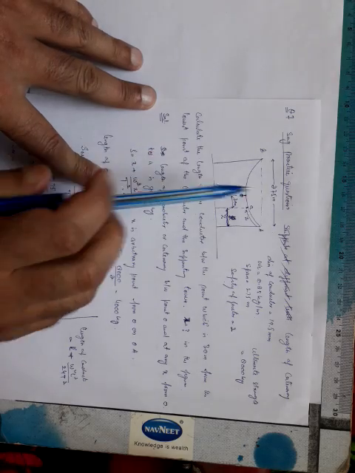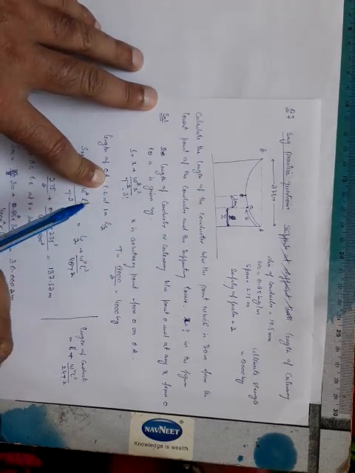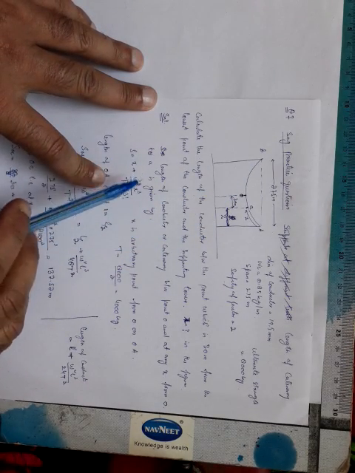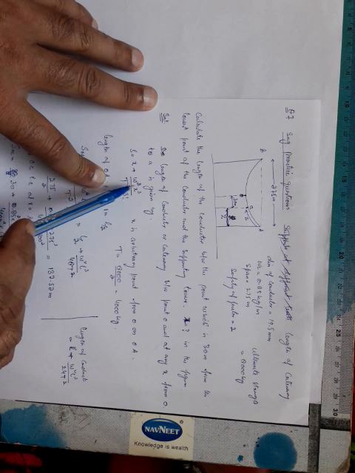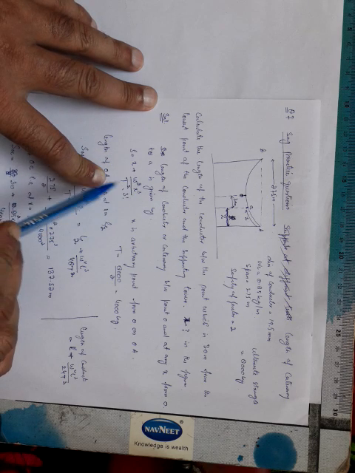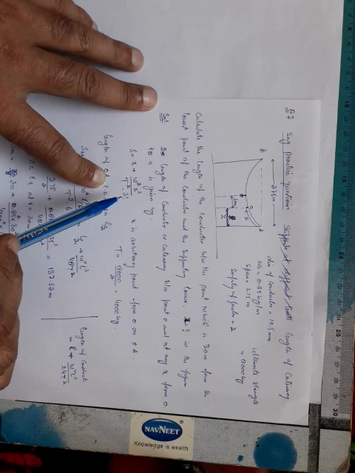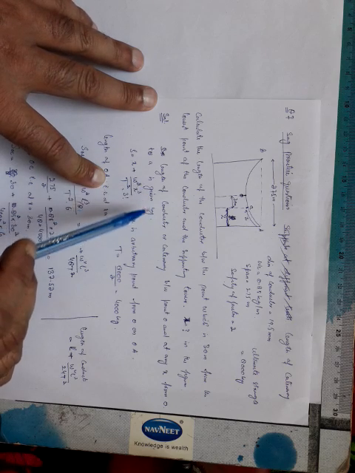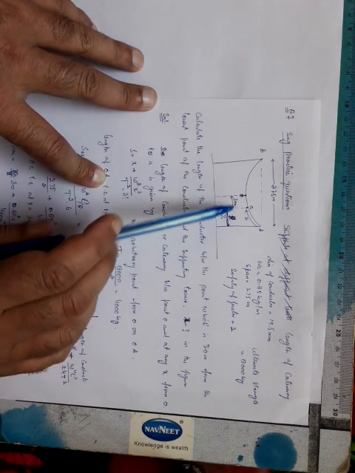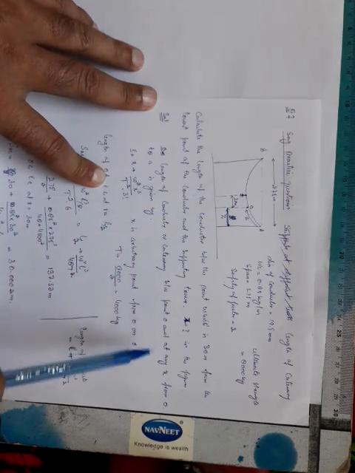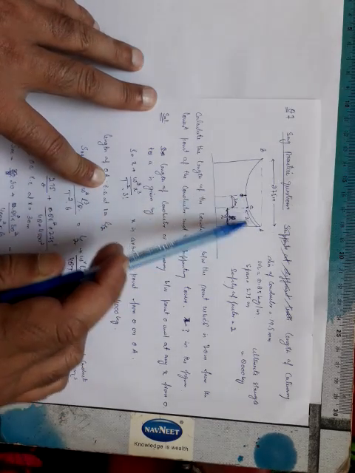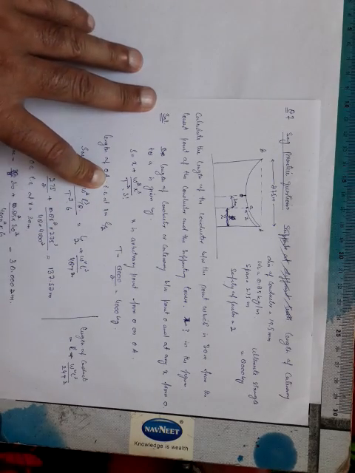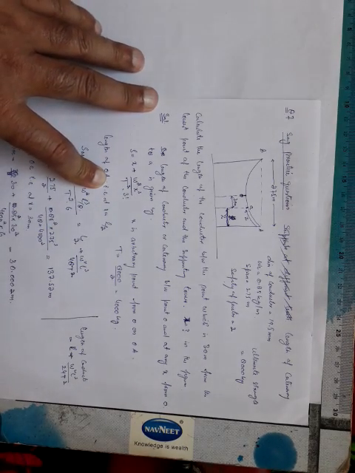So how to do this? We know that this is actually a catenary, and its equation is given by S is equal to x plus w square x cube divided by T square into 3 factorial. It is the length of the conductor or catenary between the point O and any point x from O. From this to any point x, it is given by this equation, where x can vary from 0 to L by 2.